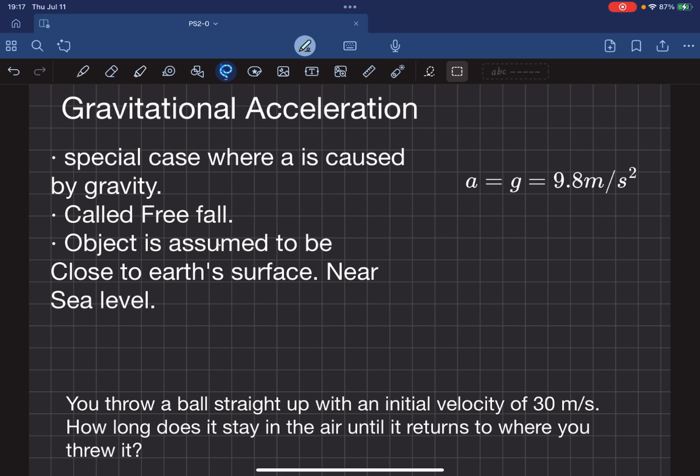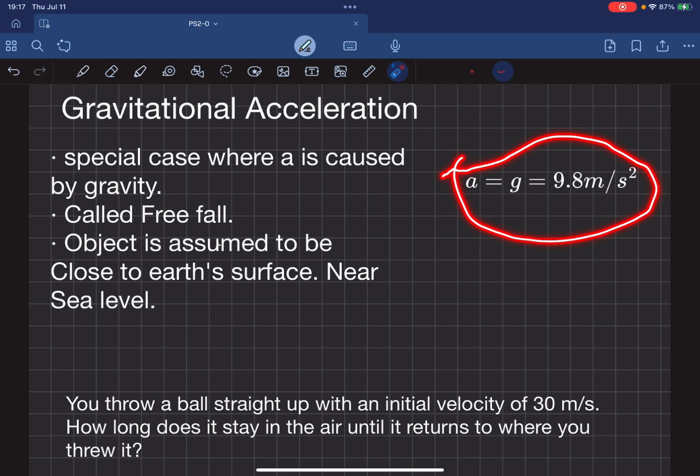So we're going to assume that the object is being dropped on Earth's surface unless otherwise stated. We are also going to assume no air resistance. Under that circumstance, acceleration is going to be equal to 9.8 meters per second squared.